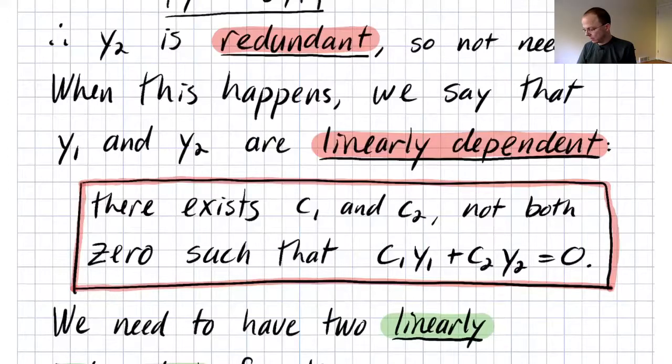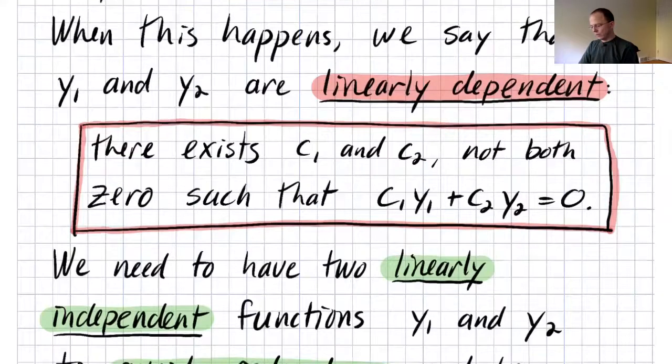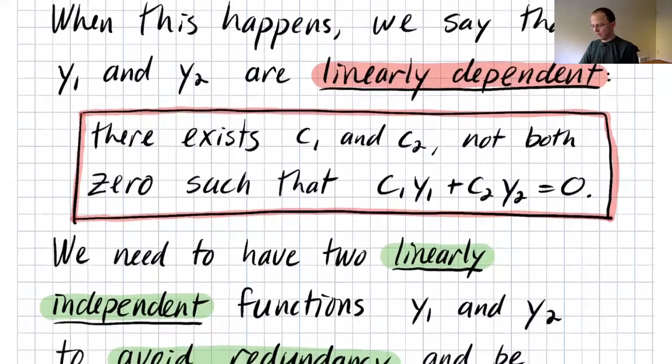The reason why we especially like this definition is because it generalizes nicely when you have 3 or 4 or 5 functions. So that's why this is the preferred way to think about linear dependence. And it's also a very easy thing to check, as we'll see in the examples.